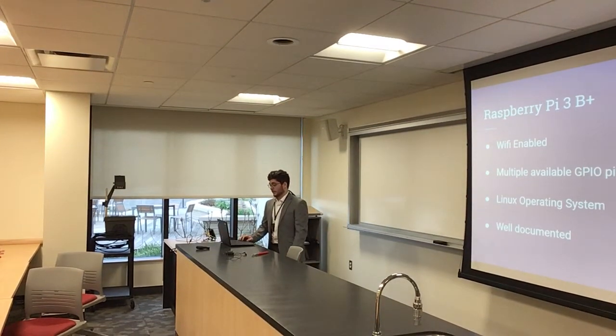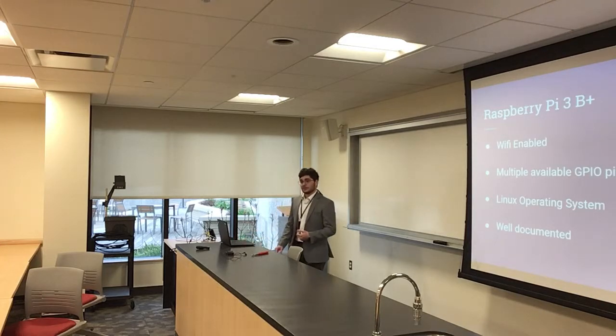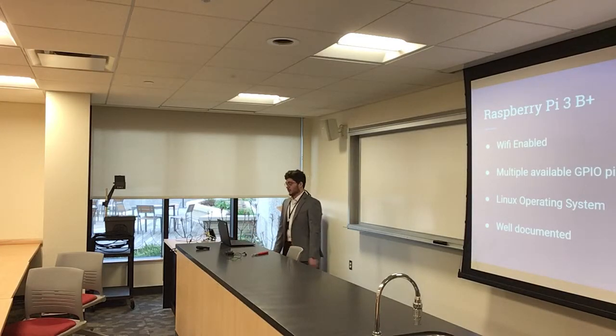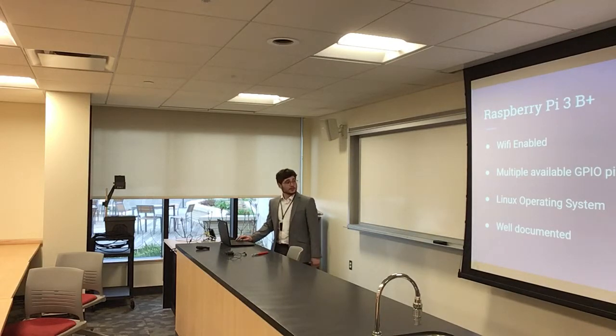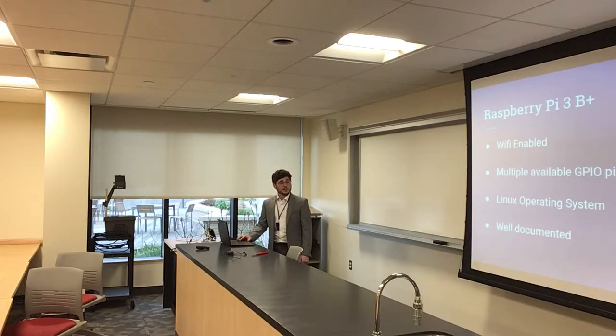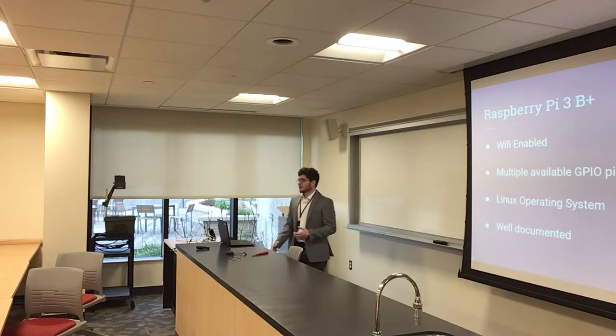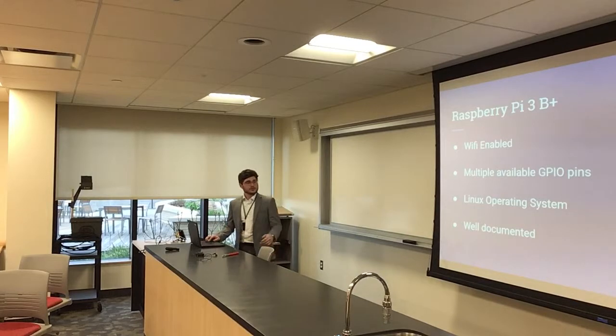Another positive thing about the Raspberry Pi is that it's run off of a Linux operating system, which we're all familiar with in the computer science department, and made it quite easy to develop on. And the last, probably the most important part, was that Raspberry Pis are very well documented. So if I ever ran into an issue, I was able to easily look up questions and get answers, and also just look up documentation to understand the hardware better.